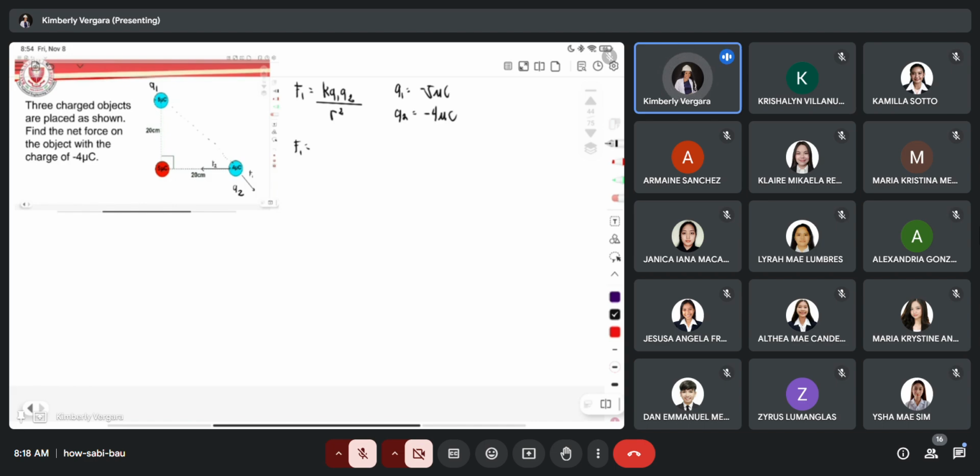What is our K? May K po tayo na 9 times 10 raised to 9 Newton meter squared per coulomb squared. Ang Q1 po natin, negative 5, kaso naka-micro. So 1 microcoulomb is equal to how many coulombs?